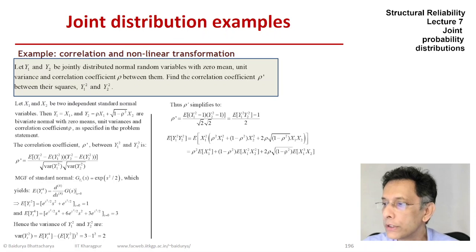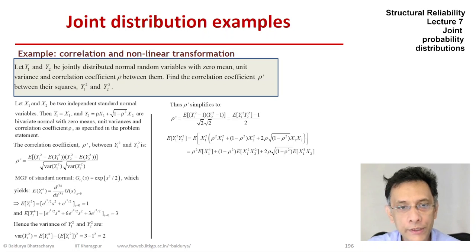So we square y1, we square y2, and we multiply them when we express them in terms of x1 and x2, and this is what we get. So the expectation of y1 squared times y2 squared is given in terms of expectations of x1 to the power of 4 and x1 squared, x2 squared, and so on that you see on the screen.